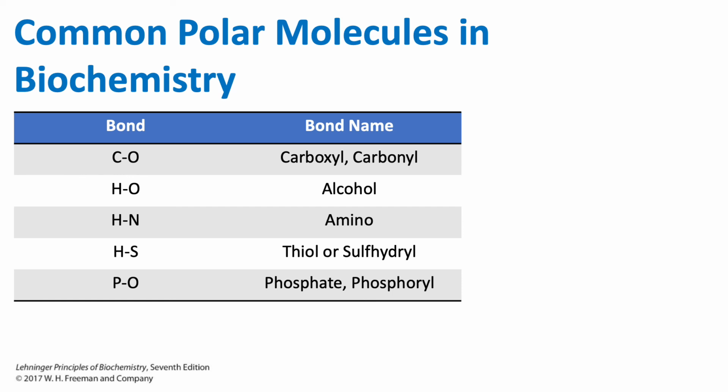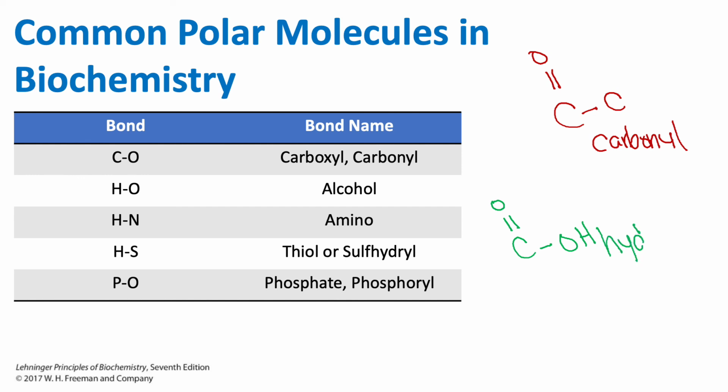In both carboxyls and carbonyls, we see that double bonded oxygen. But if adjacent to this carbon we see another carbon, this is a carbonyl. But if we have a double bonded oxygen and an OH group, this is a carboxyl.